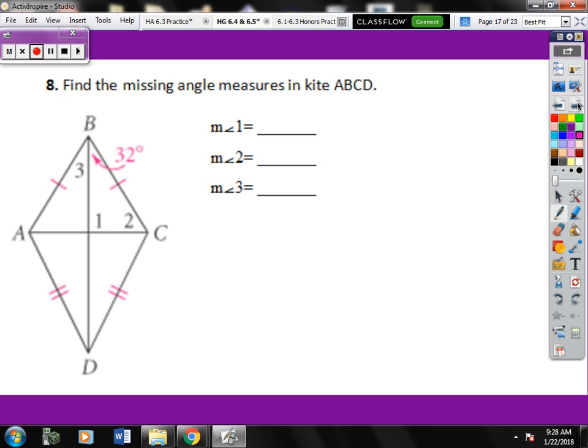Number 8, our kite. When you see that it's a kite and you see your diagonals, the first thing you want to do is insert perpendicular in the middle. So the measure of angle 1 would be 90. What would the measure of angle 2 have to be? Maddie? 58, triangle sum.